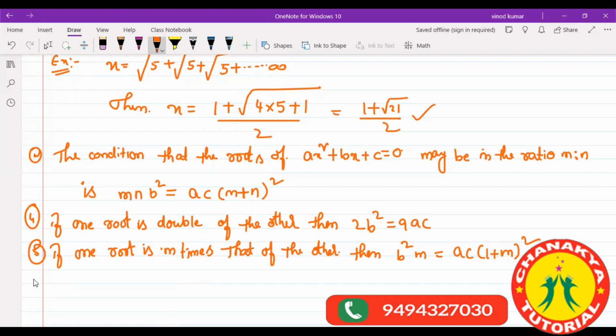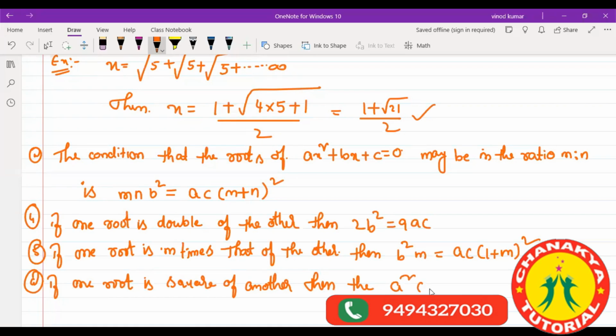One root is square of another root. If one root is square of another, then the condition is a square c plus ac square plus b cube equal to 3abc.